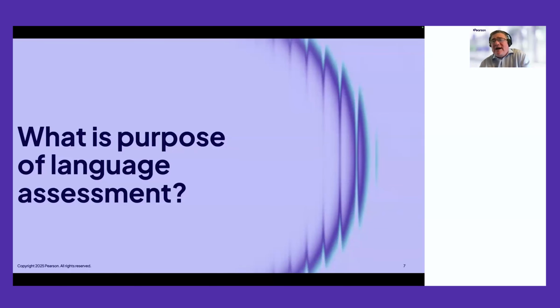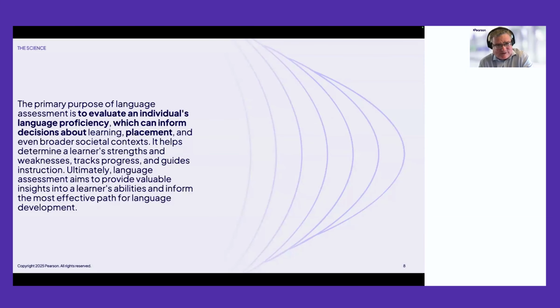So why are we doing this? What's the purpose? There are different reasons why you might want to do language assessment, and I must not claim too much in the next quote because I just took it from the AI on Google. But the primary purpose of language assessment is to evaluate an individual's language proficiency.